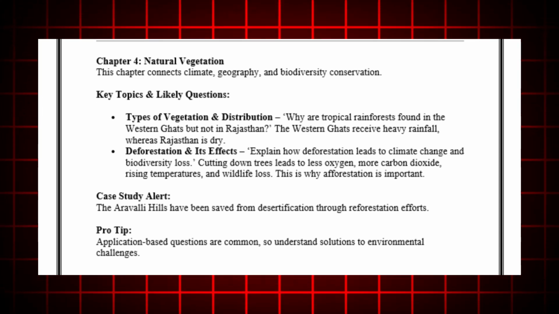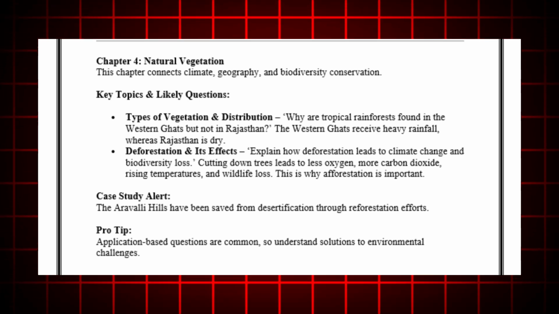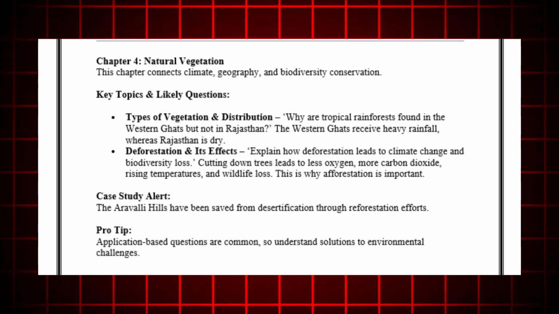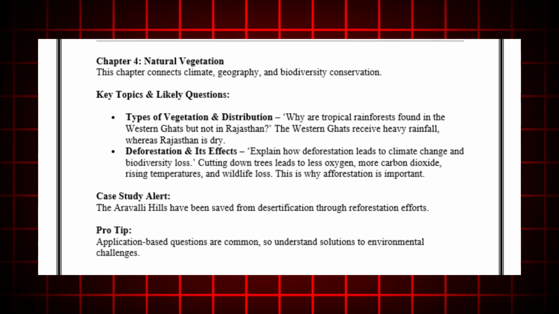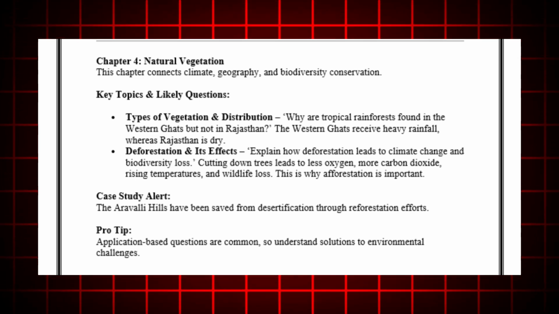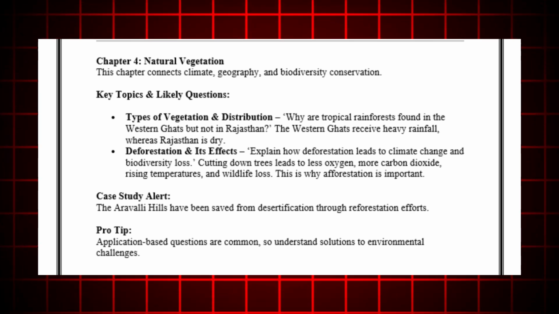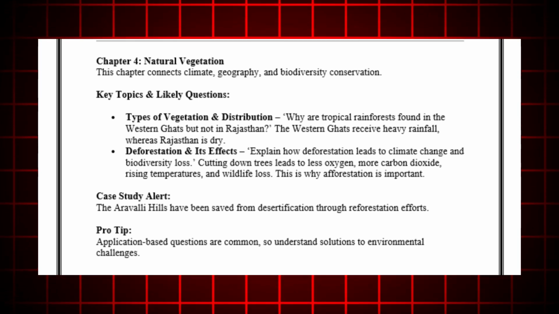Explain how deforestation leads to climate change and biodiversity loss. Cutting down trees leads to less oxygen, more carbon dioxide, rising temperatures, and wildlife loss. This is why afforestation is important. Case study alert: the Aravalli Hills have been saved from desertification through reforestation efforts. Pro tip: application-based questions are common, so understand solutions to environmental challenges.